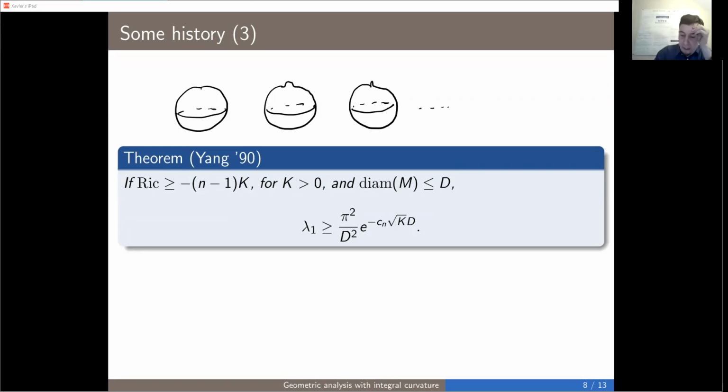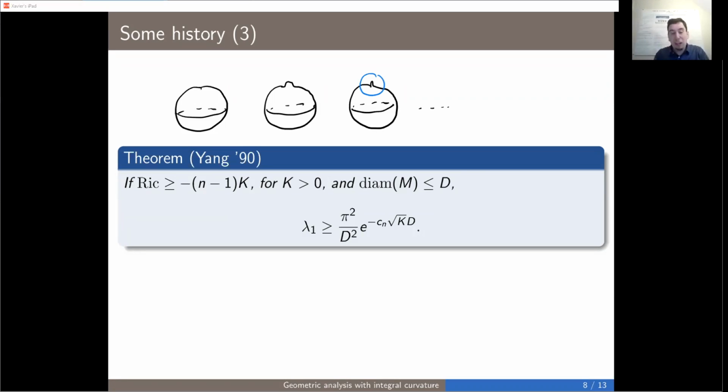However, as you pinch the sphere here, you're introducing a lot of negative curvature there, okay? And so the Ricci curvature is basically blowing up as you keep pinching and pinching, okay? So because of this, you cannot find a uniform lower bound that works for the whole sequence, right?